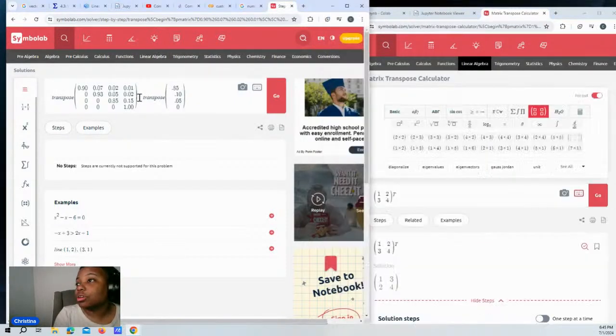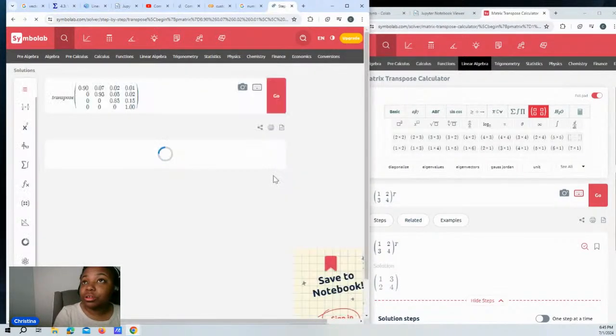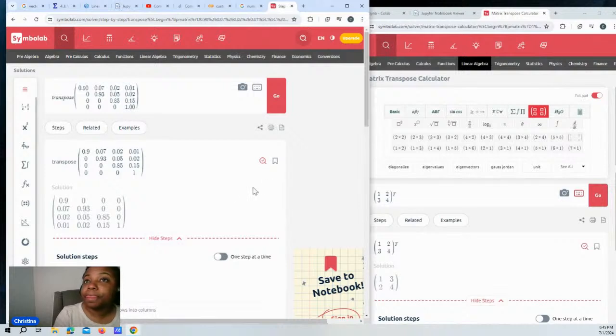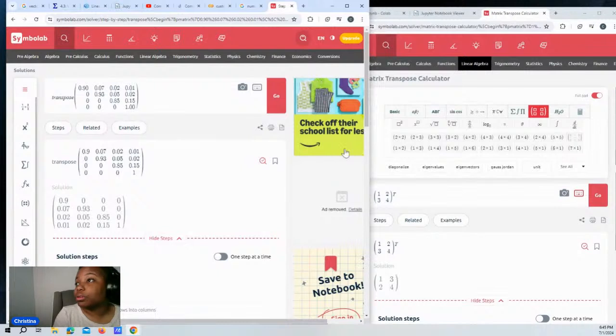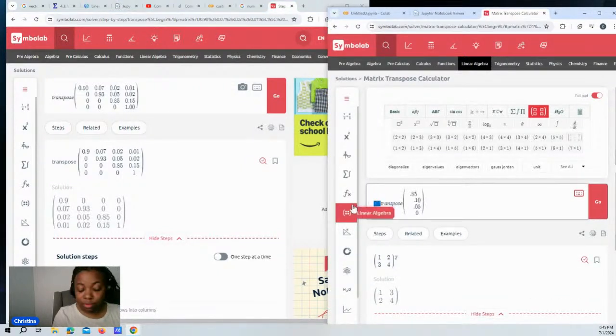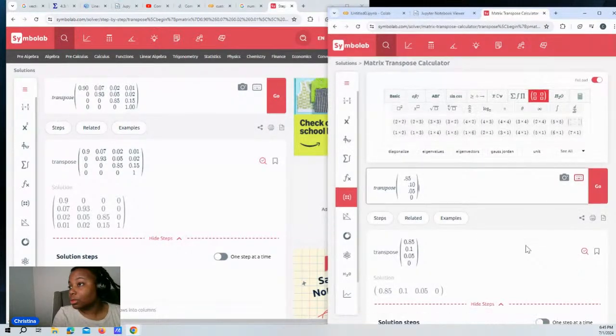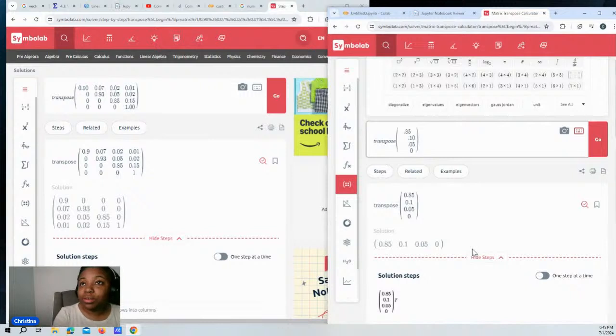Well, let's try. What does the transpose look like? Maybe I can figure it out from there. Okay, so the transpose looks like this of that one, and transpose of this one looks cross. Okay, so if we do it that way, then we have, no, it doesn't matter because I do 0.10 times 0.7.